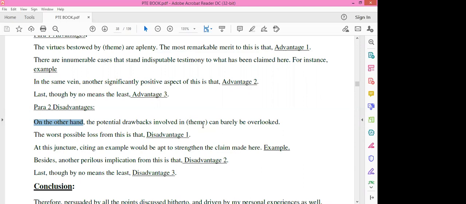On the other hand, the potential drawbacks involved in settling down in unknown territories, or earning a livelihood in unknown territories, or residing in unknown territories, residing in remote nations can barely be overlooked. The worst possible loss from this is that most immigrants feel a sense of loneliness and homesickness when they settle down overseas.